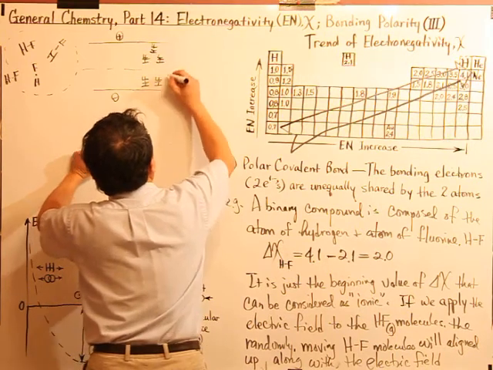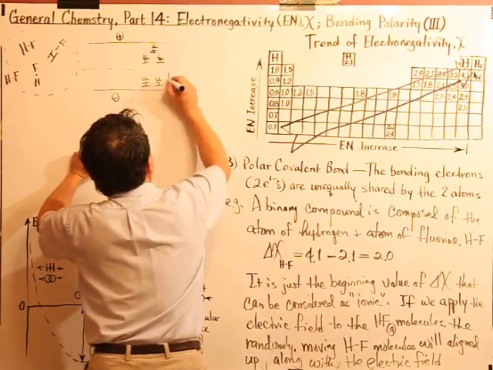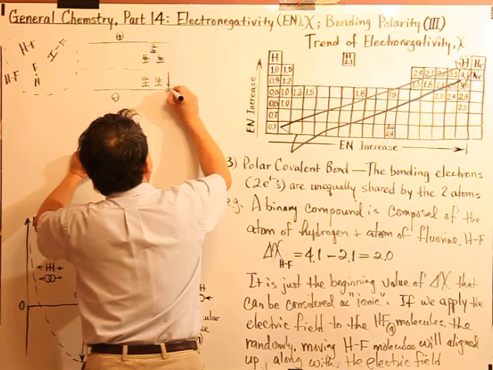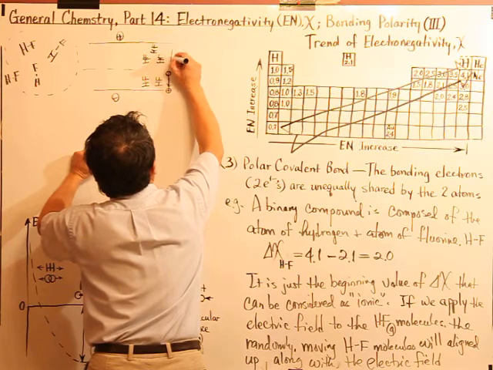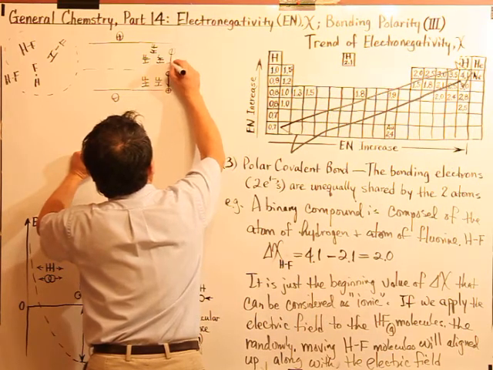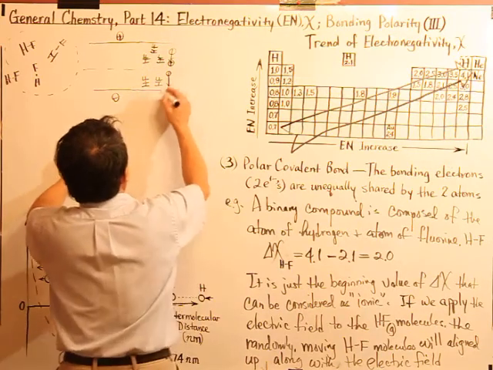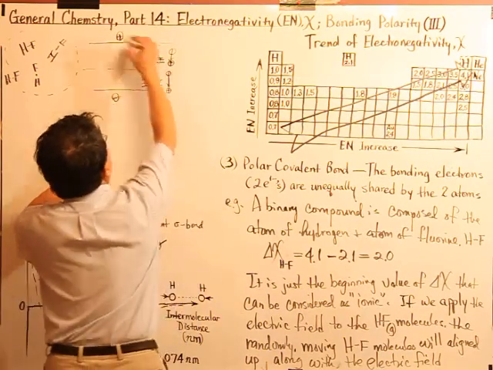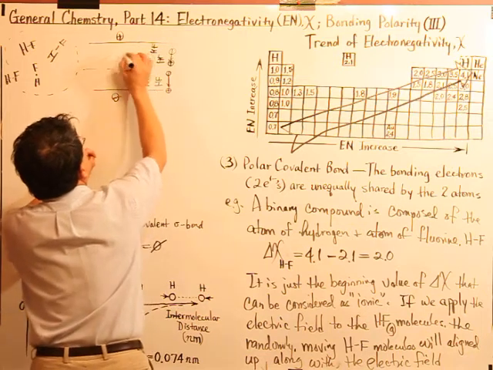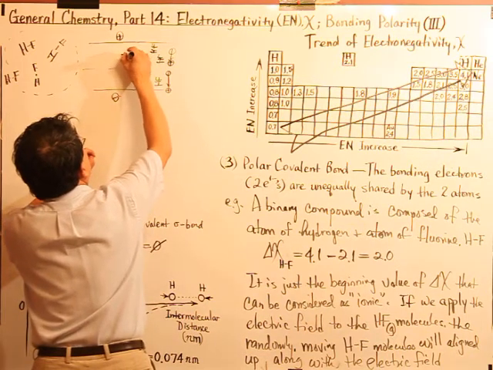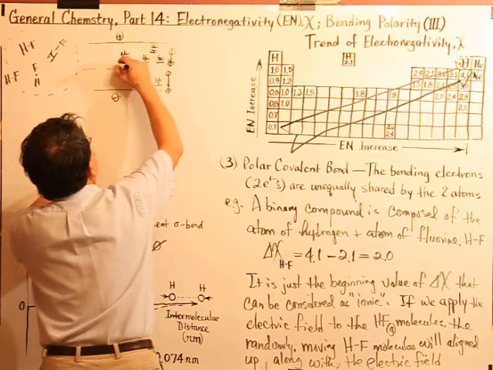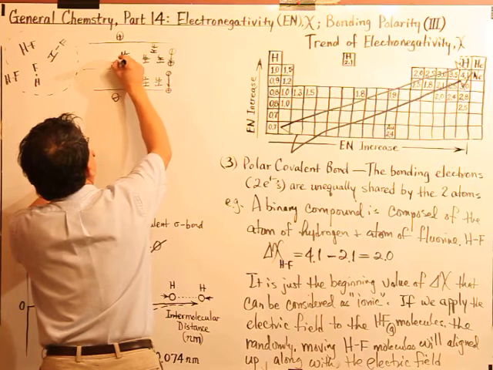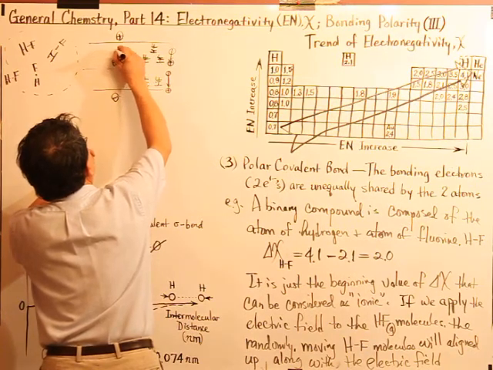So you should have the positive end and the negative end, and the same thing here. Positive is attracted by negative, negative is attracted by positive. There's one more HF, and this end is slightly positive, this end is slightly negative.